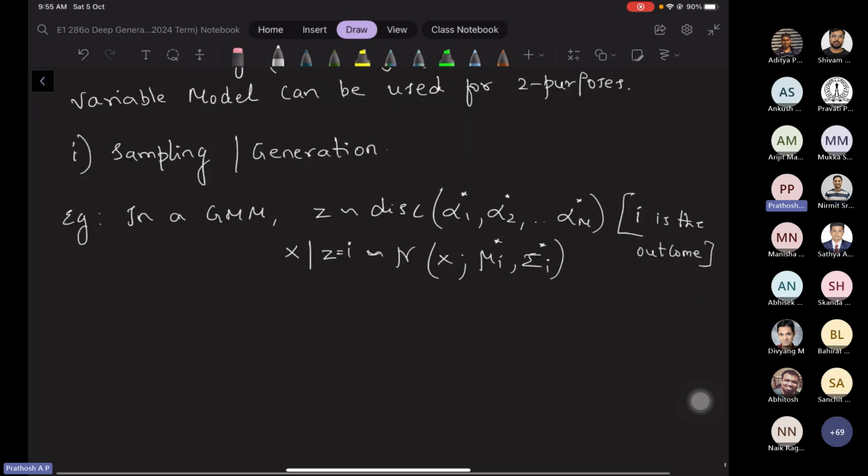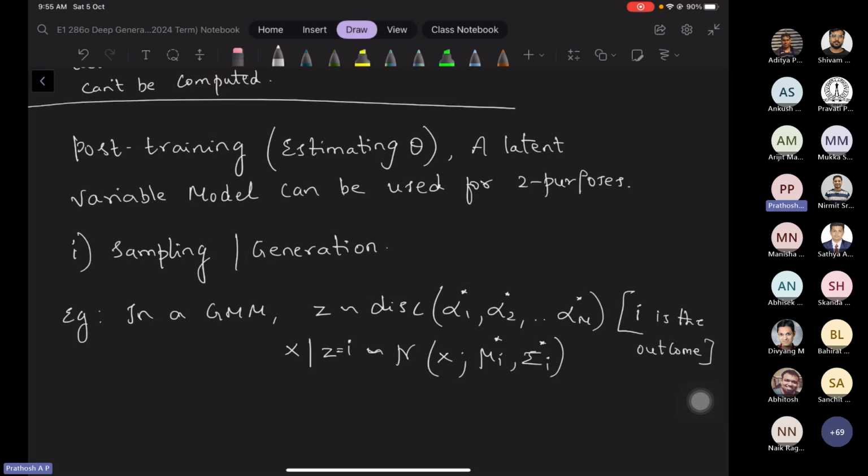I will talk about how you sample from a variational autoencoder. But what is more important is that one can use a latent variable model to do sampling or generation. The other thing that these models can be used for is what is known as posterior inference, also known as feature or embedding extraction.